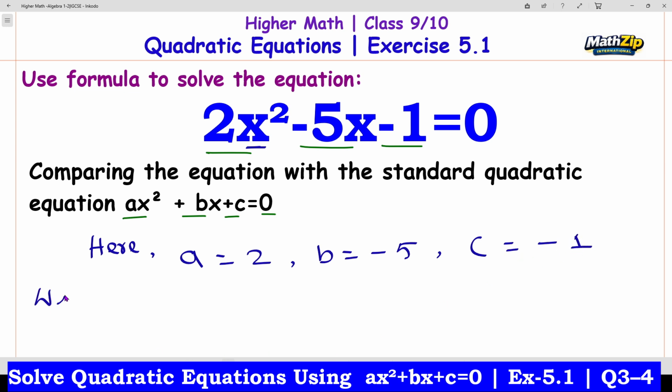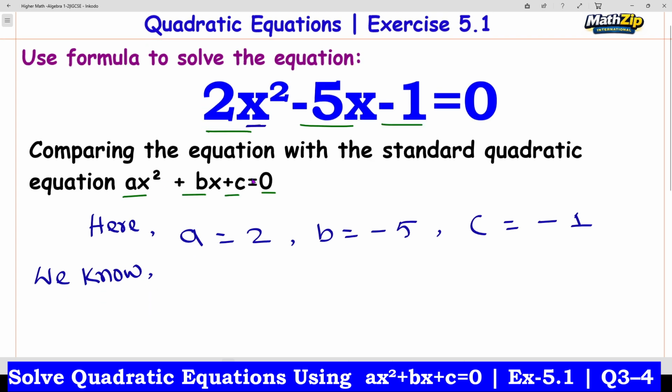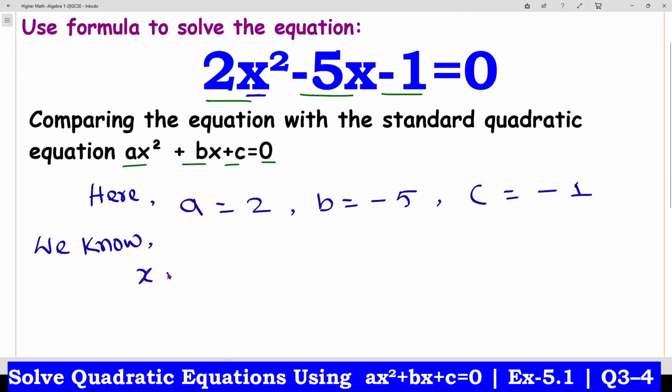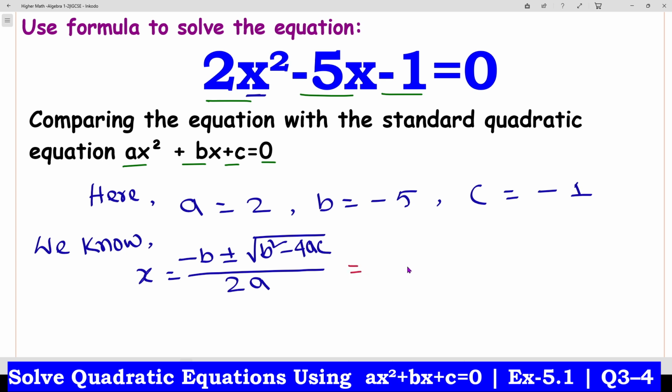We know as per the quadratic equation, x equals minus b plus minus root over b square minus 4ac divided by 2a. So step by step we have to put this one.